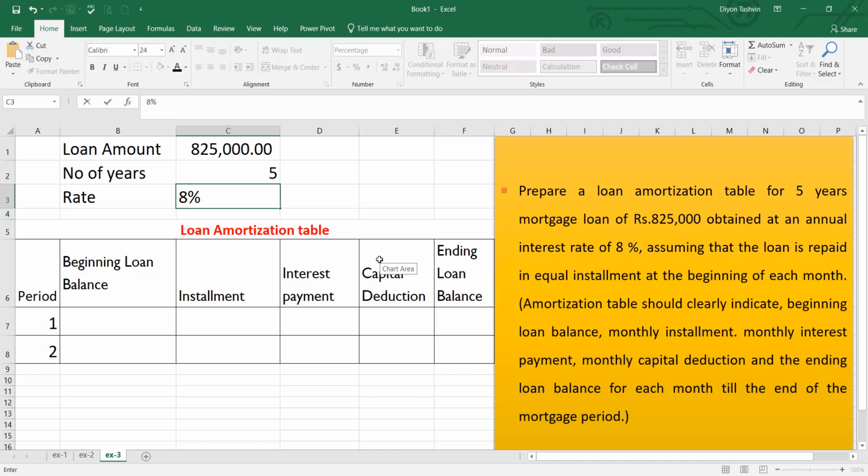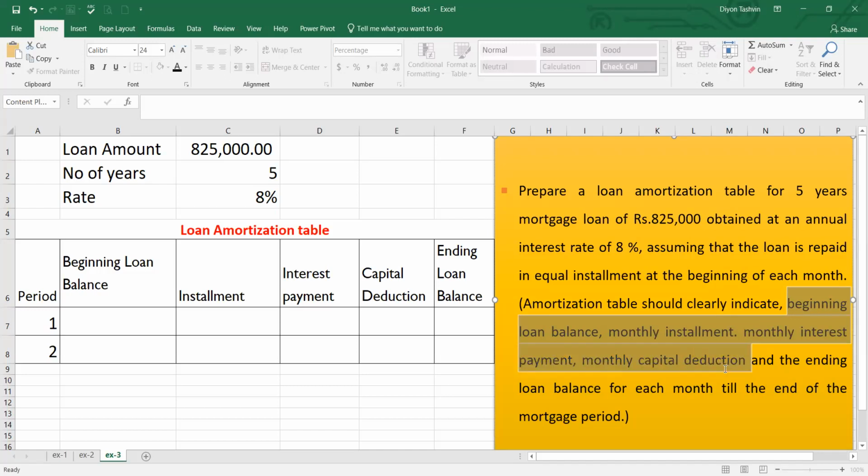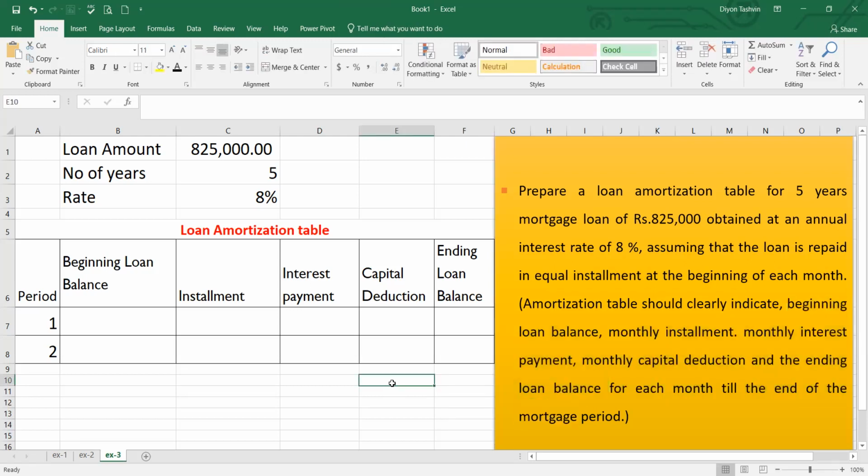Now, they are requesting us to prepare an amortization schedule to indicate the beginning loan balance, monthly installment, monthly interest, monthly capital deduction, and the ending loan balance. So we can use this table to fill up the requirements.